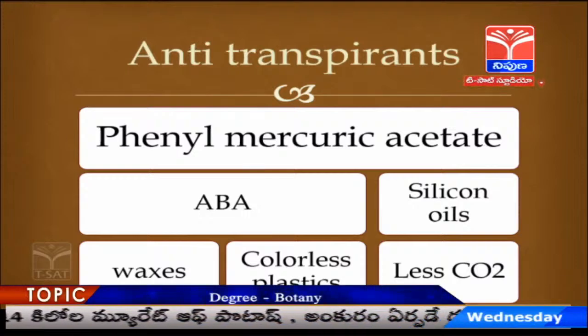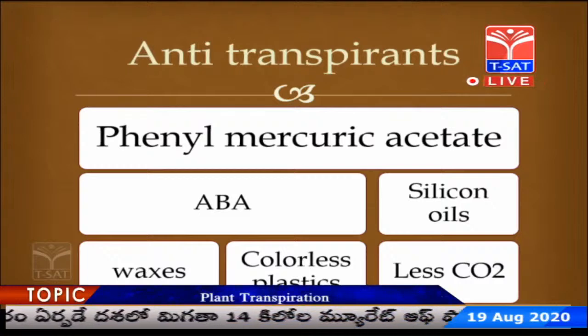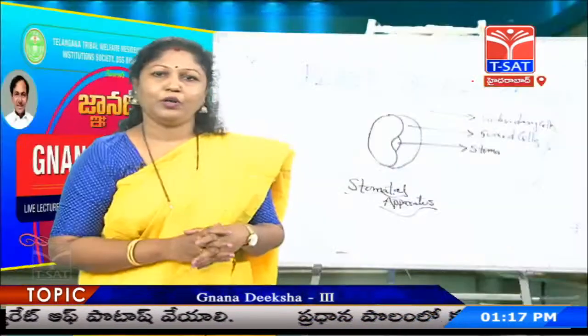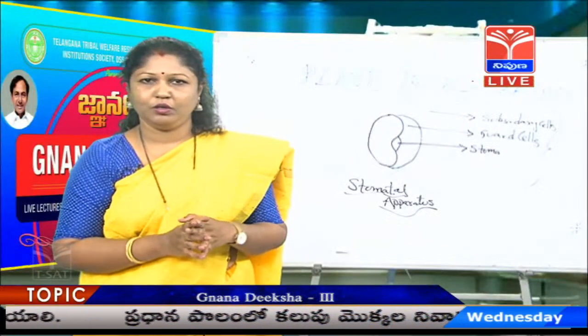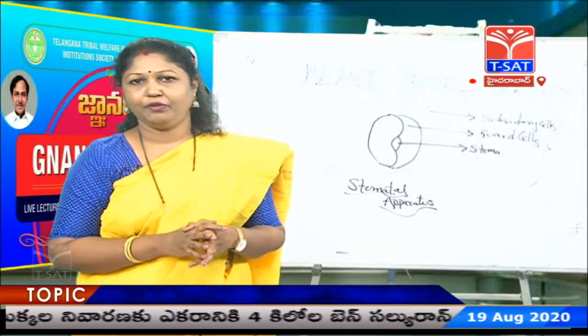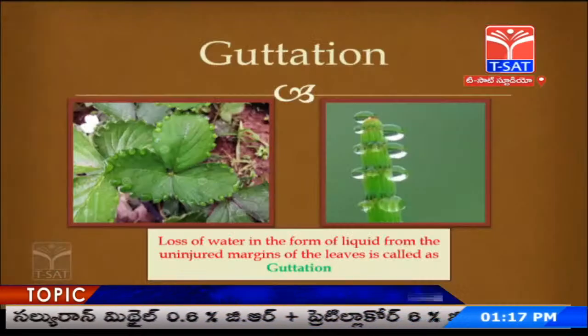Besides that, silicone oils, waxes, and colorless plastics can also be used as anti-transpirants. And of course, where we have a lower amount of carbon dioxide, like in greenhouses with a controlling system, a lower CO2 level will also help control the rate of transpiration.